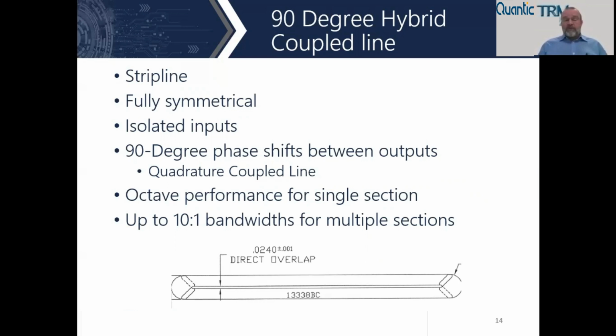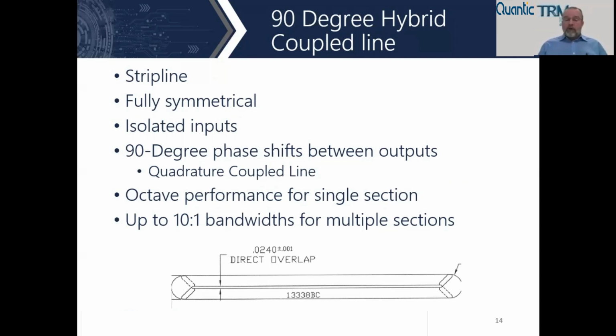For a quarter wavelength section, the phase shift across that coupled line is 90 degrees. So these sorts of configurations for the single quarter wave, like I'm showing in the diagram here, have about an octave bandwidth.